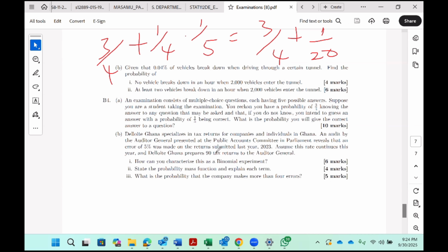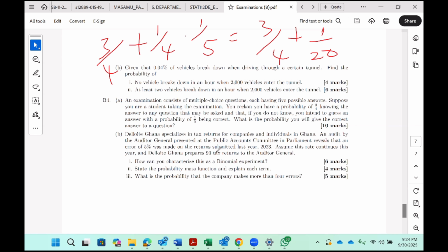So Deloitte Ghana specializes in tax returns for companies and individuals in Ghana. An audit by the Auditor General presented at the Public Accounts Committee in Parliament reveals that an error of 5% was made on the returns submitted last year, 2023.